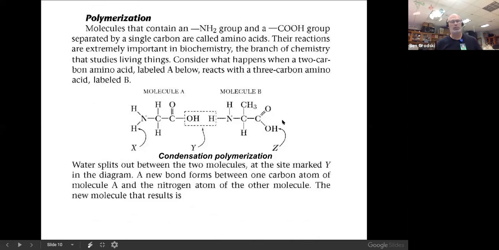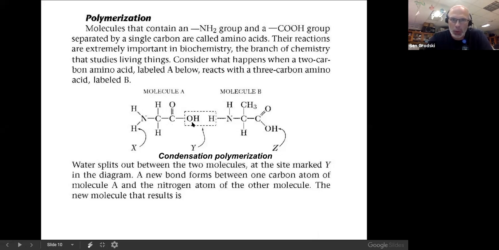Polymerization, there's two types. Now what is polymerization? Well, you've dealt with this a little bit in bio, but polymerization is when you take small monomers. Monomers represent the smallest unit that repeats over and over again. Now the monomer I'm showing in this example represents an amino acid.